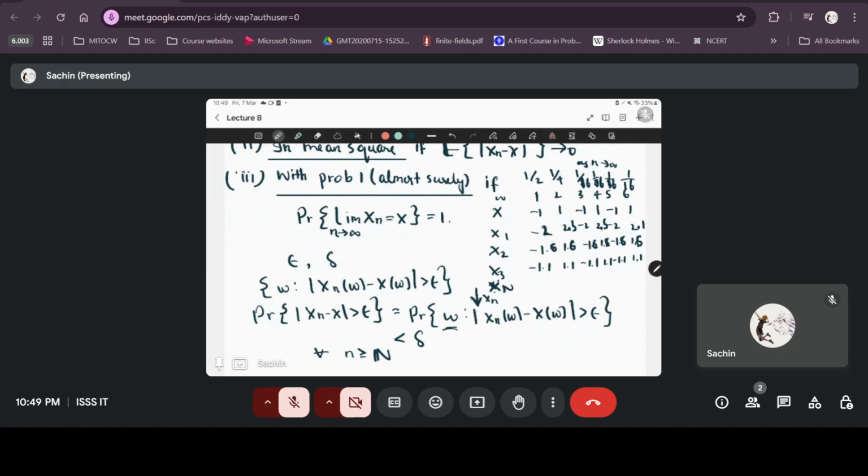So earlier I think I said it should be true for all outcomes, so that's not exactly it. The probability of that set should be less than delta, where delta can be chosen arbitrarily. So you should be able to do this for any values of epsilon and delta, similar to the epsilon-delta definition of limit of a function.